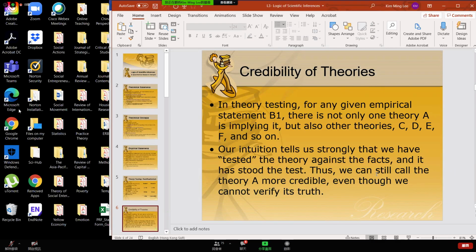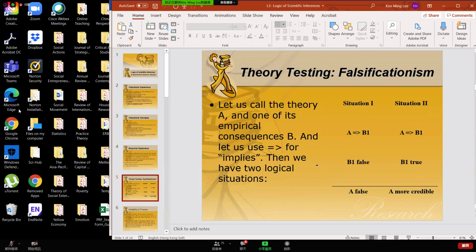We can call theory A more credible, even though we cannot verify its truth. Even though we are not sure theory A is true, we can have confidence in it.